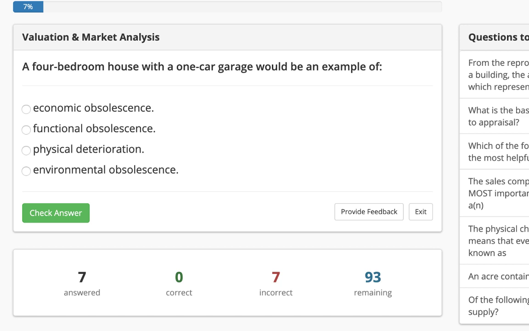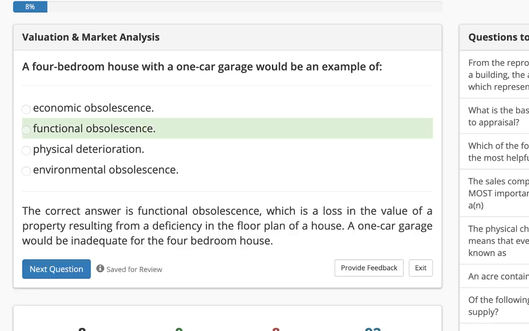What does everybody think here? 4-bedroom house with a 1-car garage. A four-bedroom house with a 1-car garage is an example of B, functional obsolescence.